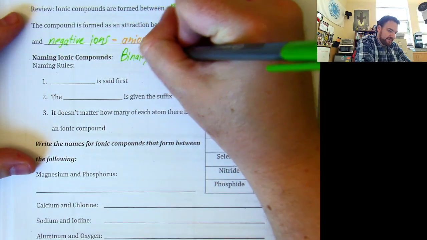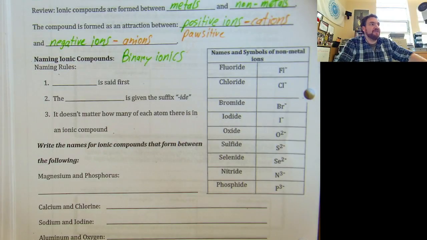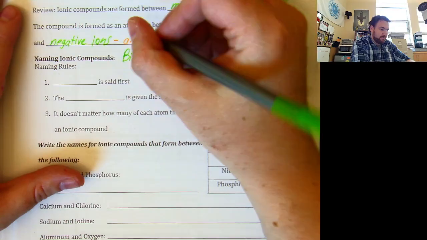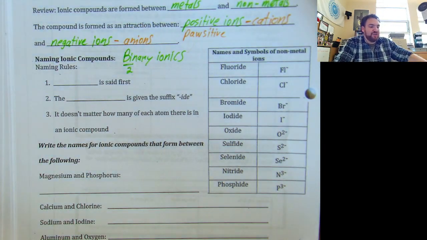Binary ionics. Does anyone know what that word binary means? That's fine. Binary means two. Bi means two. So a binary ionic compound is just two simple ions, one positive, one negative.